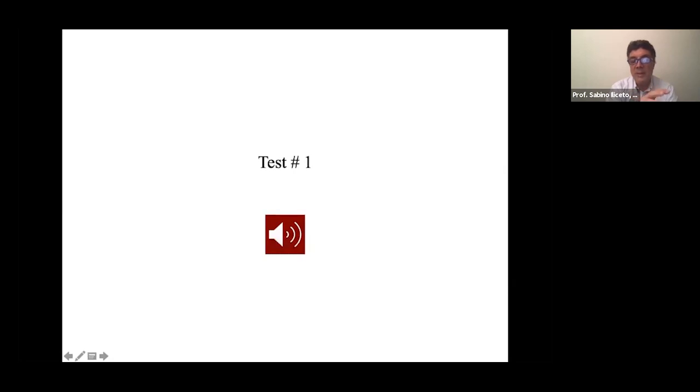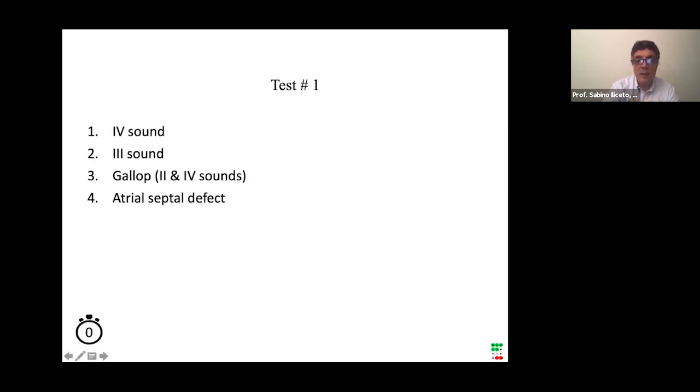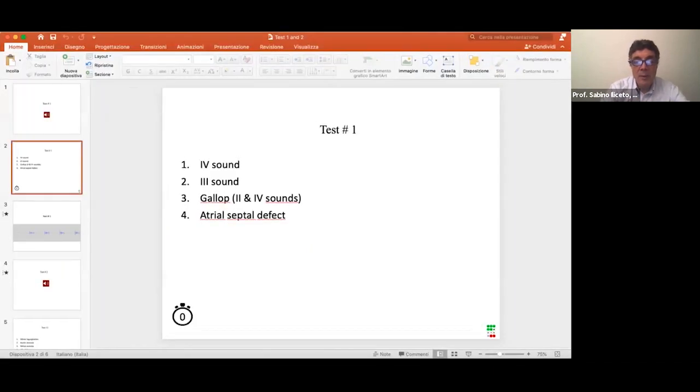Okay, in order to facilitate the test, I can tell you that this recording has been done on the pulmonic area. So let's go to the test now. We have these 4 possibilities: is it a fourth heart sound, is it a third sound, is it a gallop, or is it an atrial septal defect.